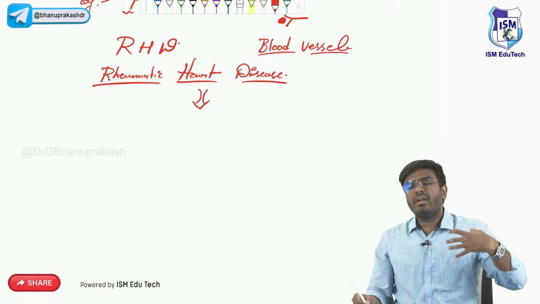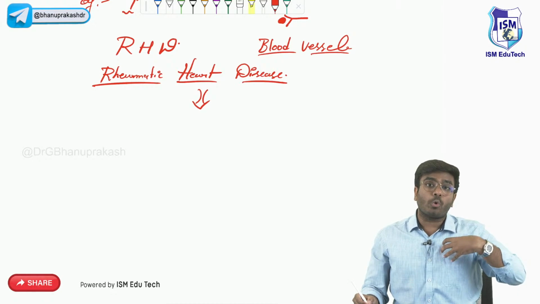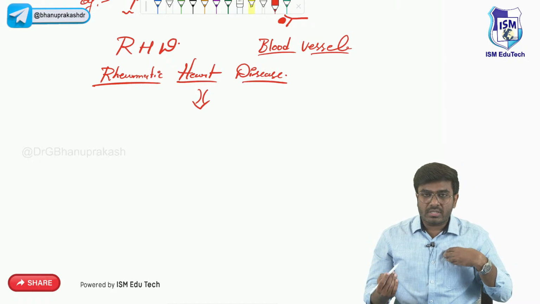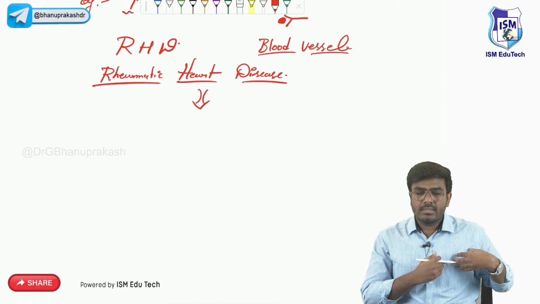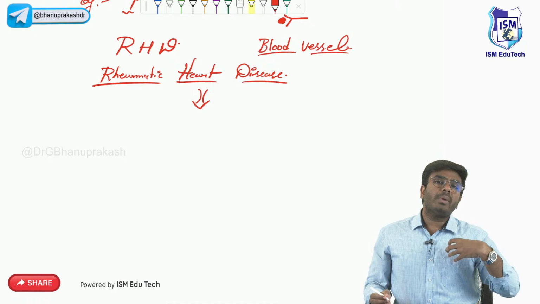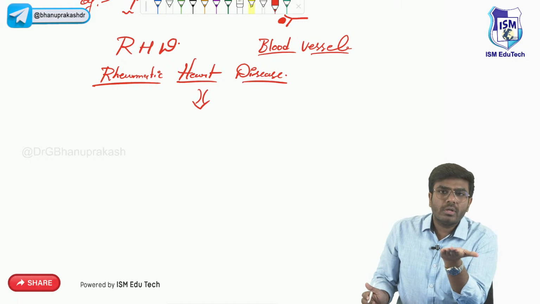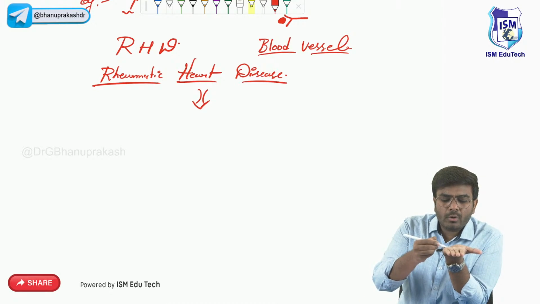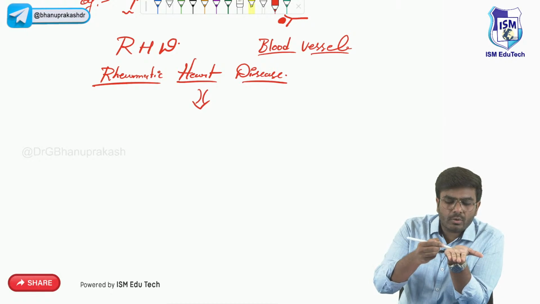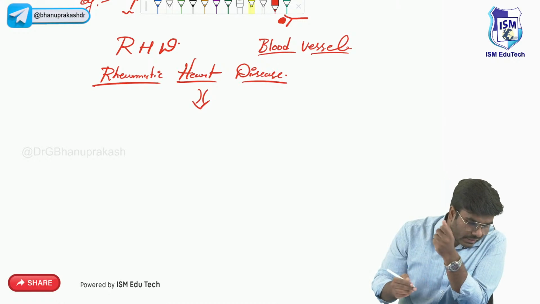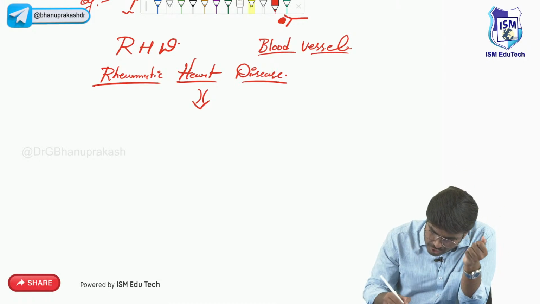If I am suffering with rheumatic heart disease because of group A beta hemolytic streptococcus, my question is, if you cut my myocardium and look, you will see certain bodies where fibrinoid necrosis is happening. There is an area of fibrinoid necrosis with a lot of macrophages and all the stuff. Now these bodies are called as? Anyone? Yes, excellent, Bruce. Aschoff nodule.